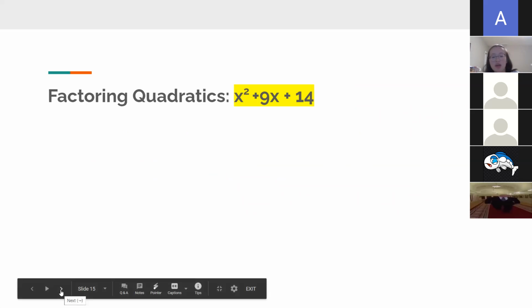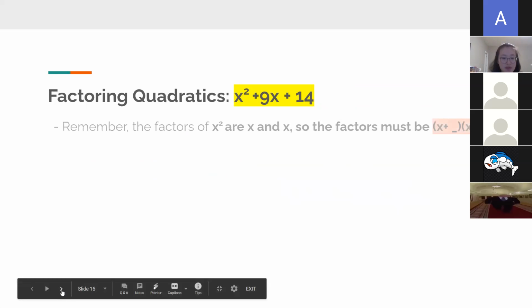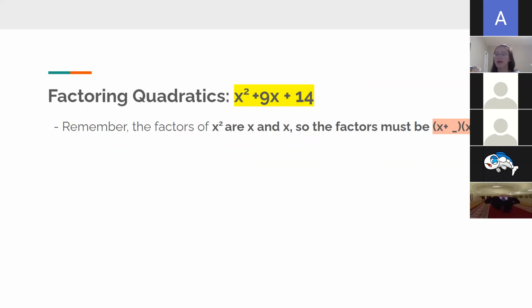So today we're going to factor the quadratic x squared plus 9x plus 14. In order to factor it, you try to split it up into two groups: x plus blank, multiplied by x plus blank. So what are the factors of x squared?